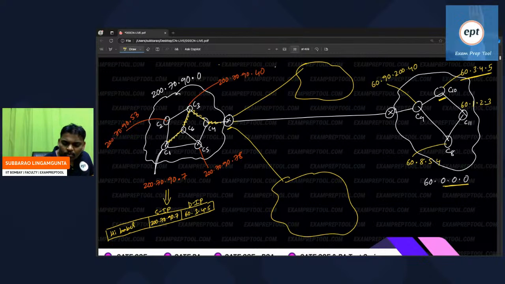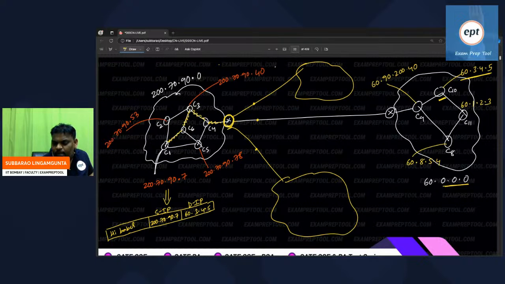Whenever your packet comes from C1 to this router, the router has so many routes. This is one route, this is one more route, and so on. The router will identify and do some calculation.